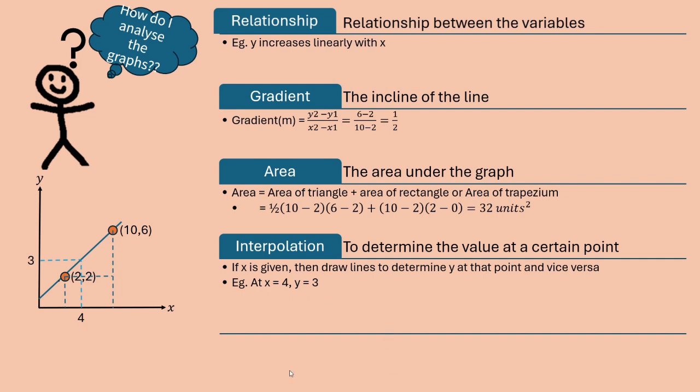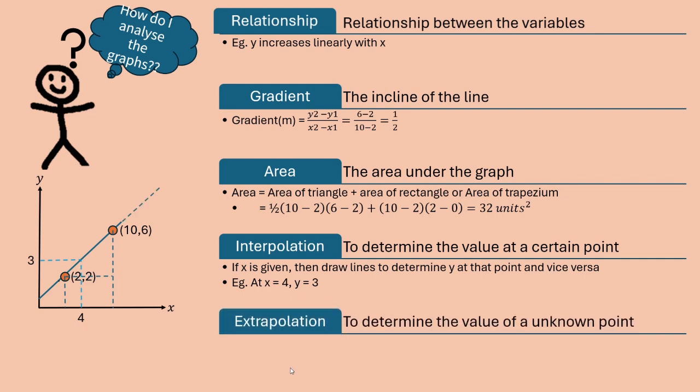And last but not least, we have extrapolation, which is to determine the value of an unknown point. What we did is we extended the line or graph to find the y or x value of a point. For our example here, if we want to find the value of x when y is equal to 7, we will extend the graph by drawing dotted lines.